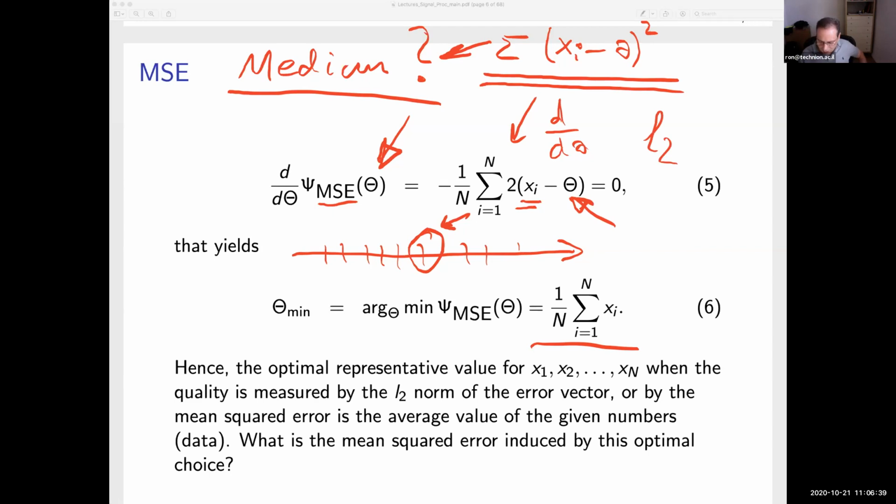So if I have a lot of points at one point, and I have one point far, far away from it, and I'm looking for a blue point that would represent all of them, then obviously if I take the square of the distance, it would shift the blue point closer to the far away point, because squaring it is, in a sense, weighing it by a large number.